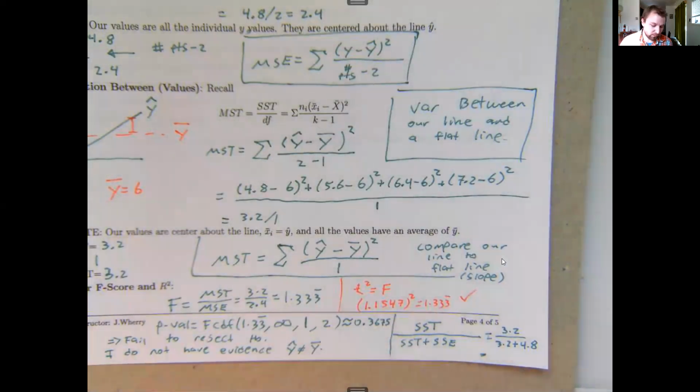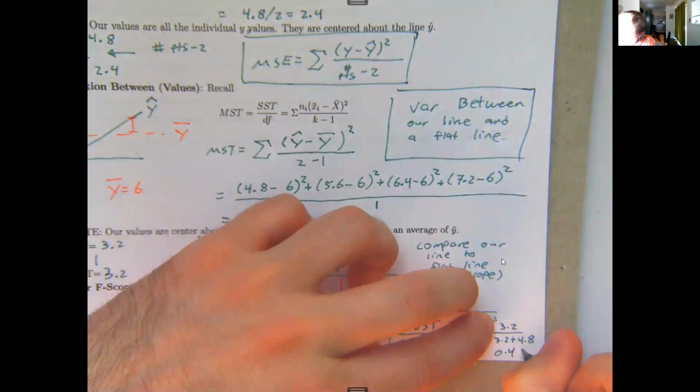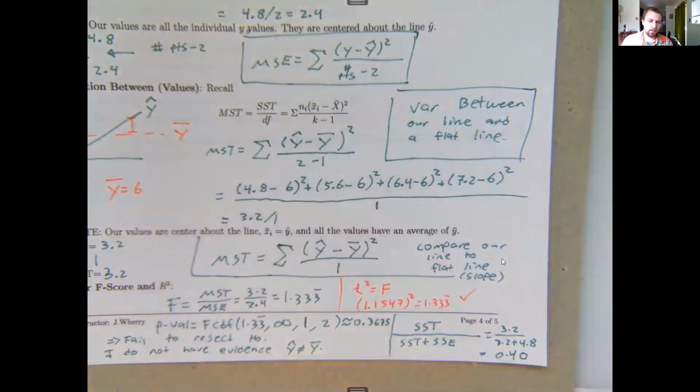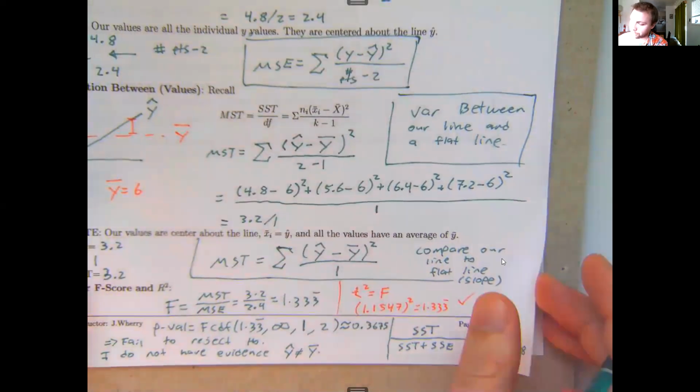Let's figure out exactly what this number is when we type this into our calculator, this SST divided by SST plus SSE. This is telling me something about how good my fit would be. And when I do this, I get 0.40. Now, if you happen to have linear regression t-test up on your calculator already, you may have noticed something.